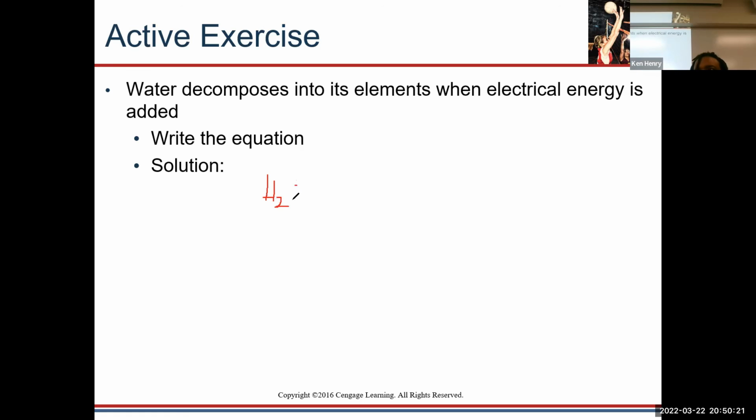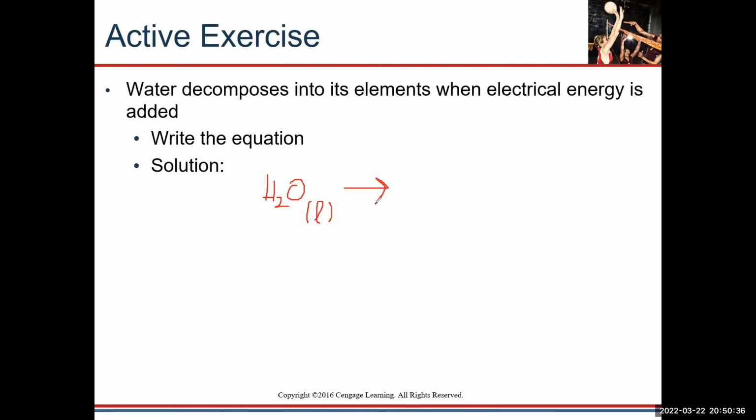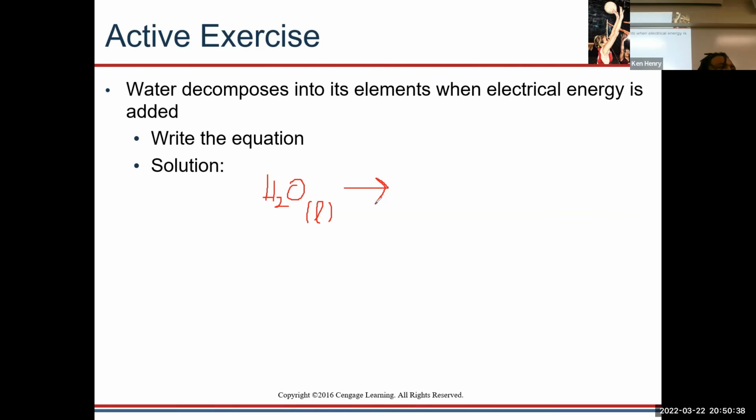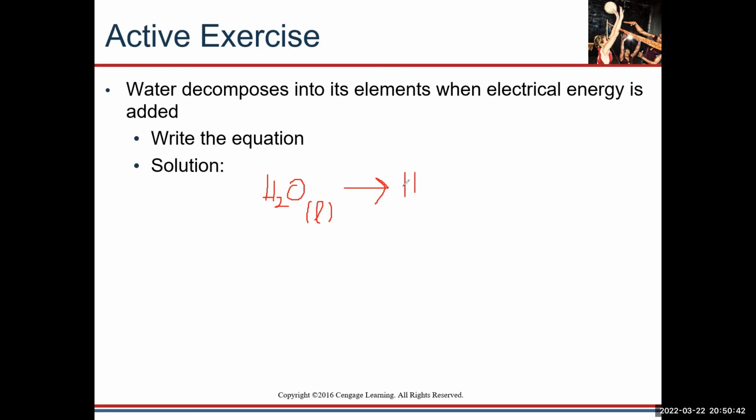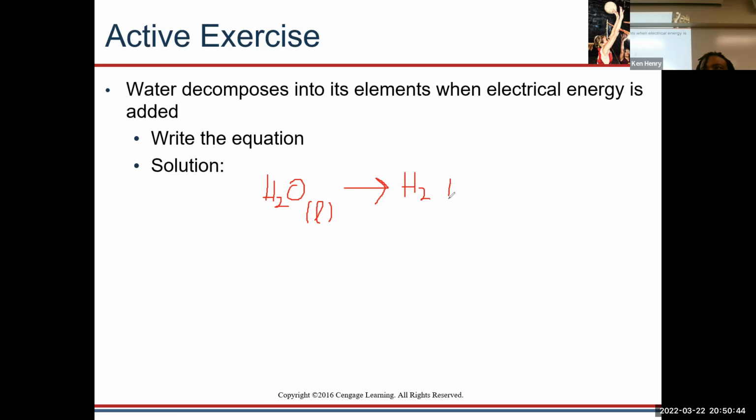Is that solid, liquid, gas, or aqueous? It's liquid because it's pure water. Aqueous means that you're adding something in water. So you want to use L. And it's breaking down into its elements. What are the elements? H2 plus O2. That's right, because we know that oxygen is diatomic.